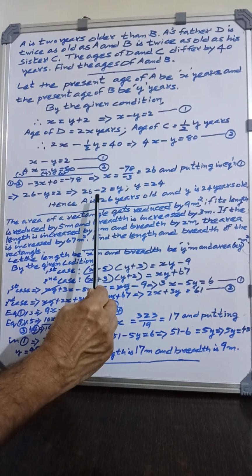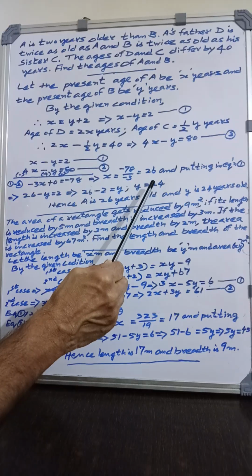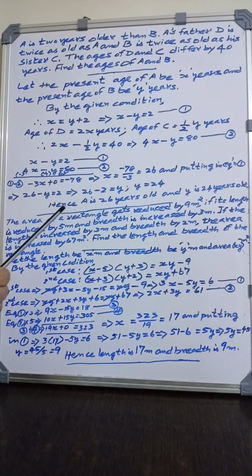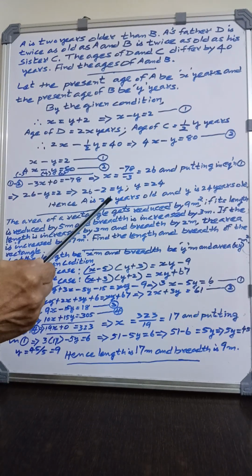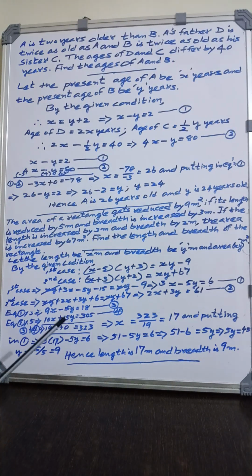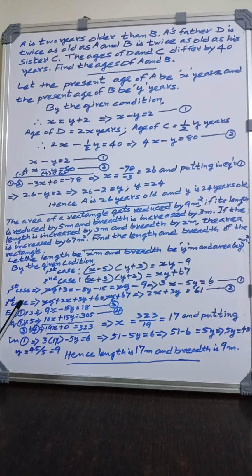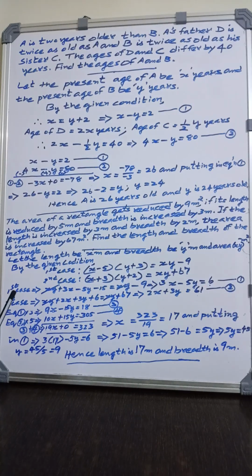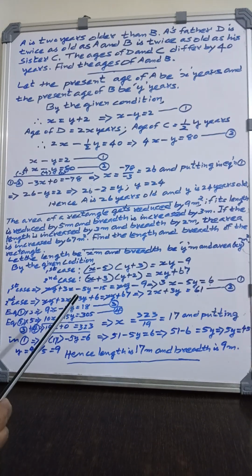Therefore, y equals 26 minus 2, 24. Hence, A is 26 years old and B is 24 years old. And we concluded the question. We can go to the next question.